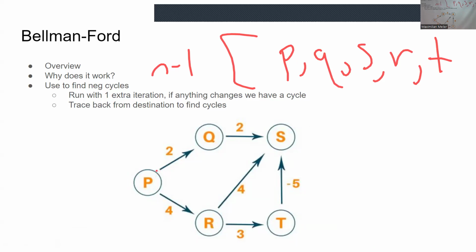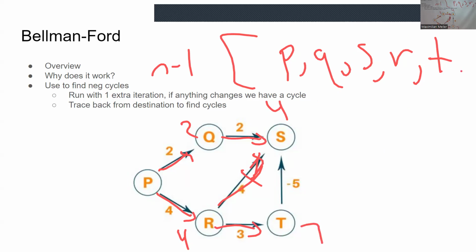So P gets updated, right? So this becomes two and this becomes four. And then that means that within the same iteration, you're already updating Q. So then this becomes four. And then now you're going to S and that does nothing. But then you're going to R. This does nothing. And then this goes to seven.